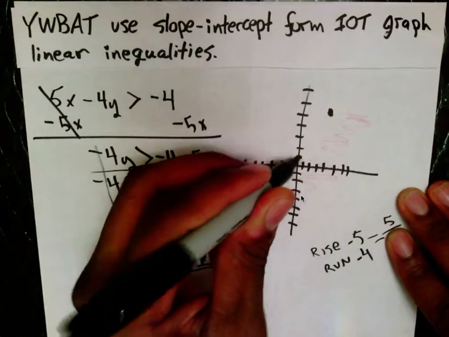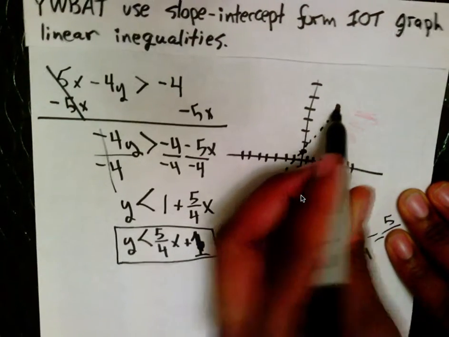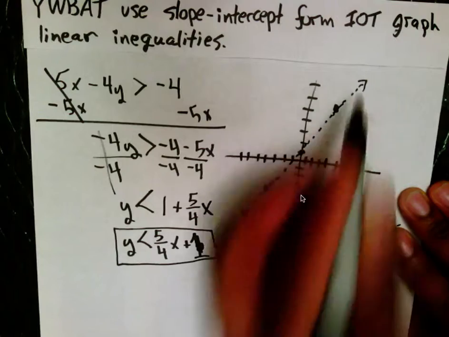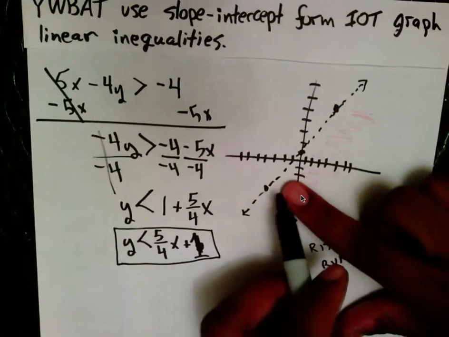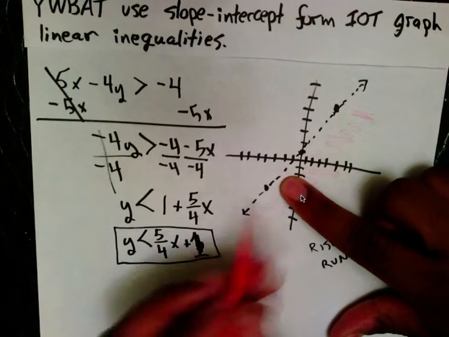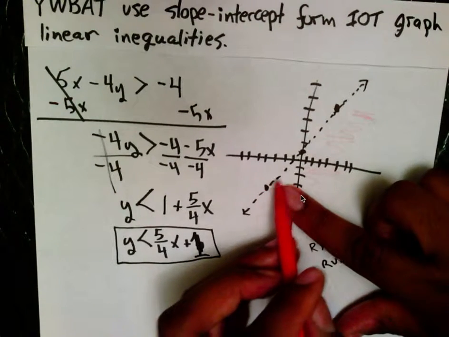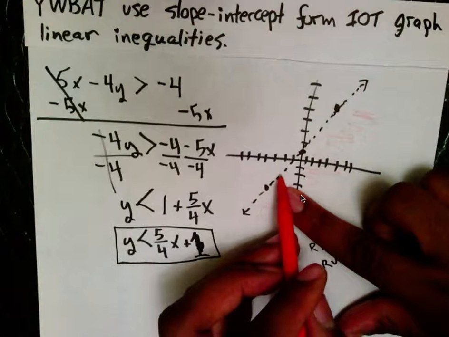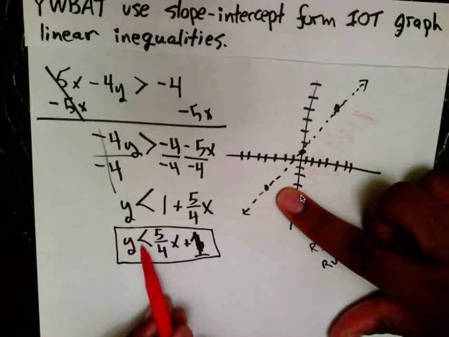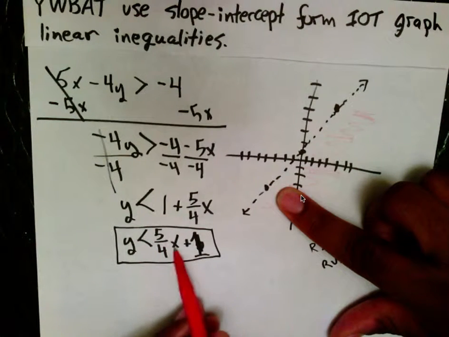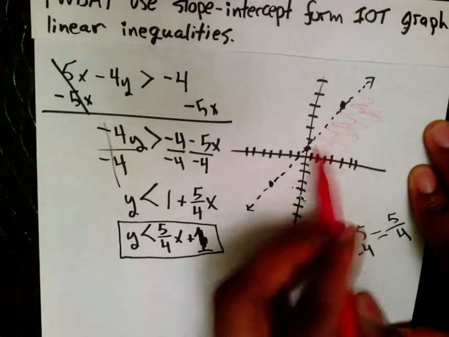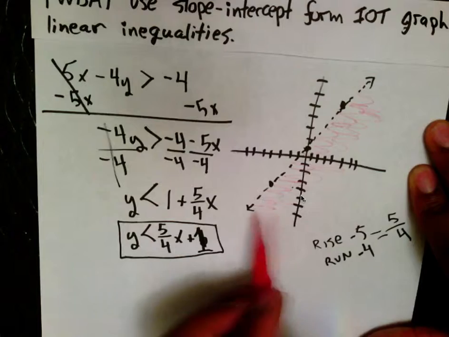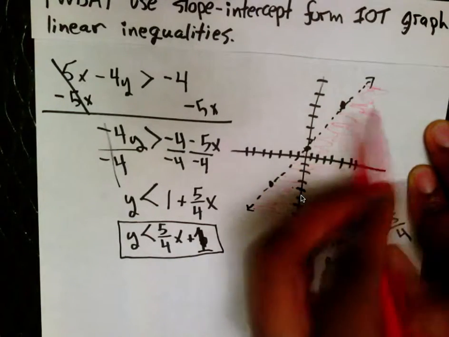And the reason why is because y can't be on the line. It does not include the line because y is less than 5 over 4x plus 1. So is anything less than what's on this line. So anything up to this line but not including what's on the line.